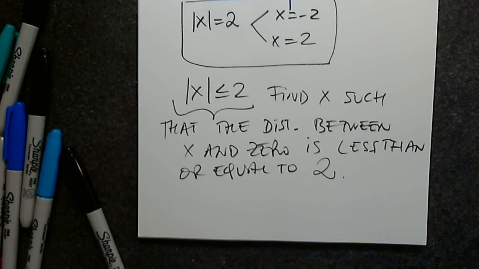One more time, 2 or less. Where will I find those values then? I'm showing you. You just have to tell me what it is. Between what and what? That's it. -2 and 2.